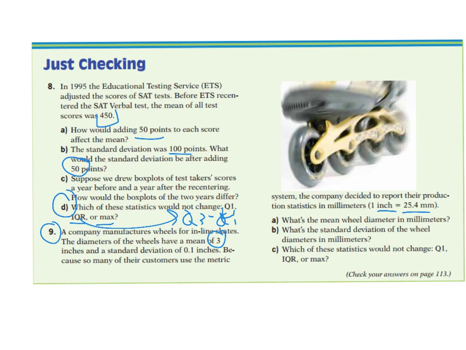For letter B, the standard deviation is now 2.54 millimeters, because again it went from 0.1 and you have to multiply by 25.4. And then letter C, none of those are not going to change, which is like an oxymoron, but all of them change because you're multiplying by a number. So if you think about multiplying, all of those values change.